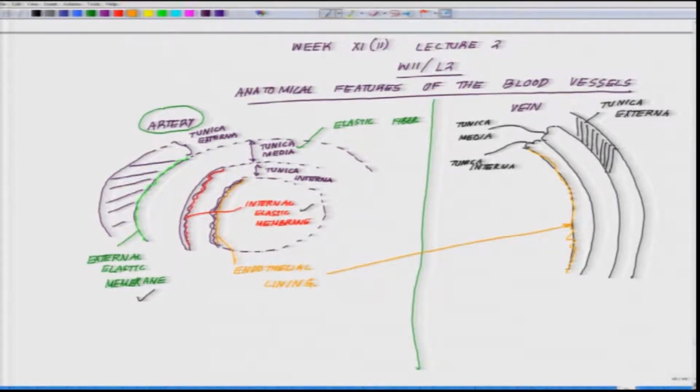Now if you look at the distinguishing features, arteries are usually round with a relatively thick wall. This is the artery, just putting A. This is one critical point.